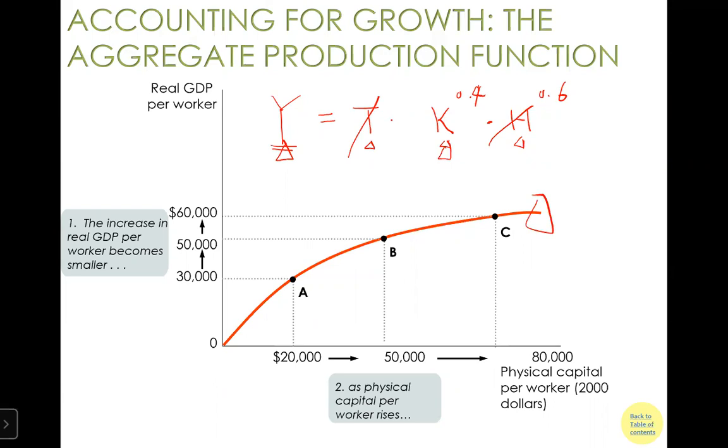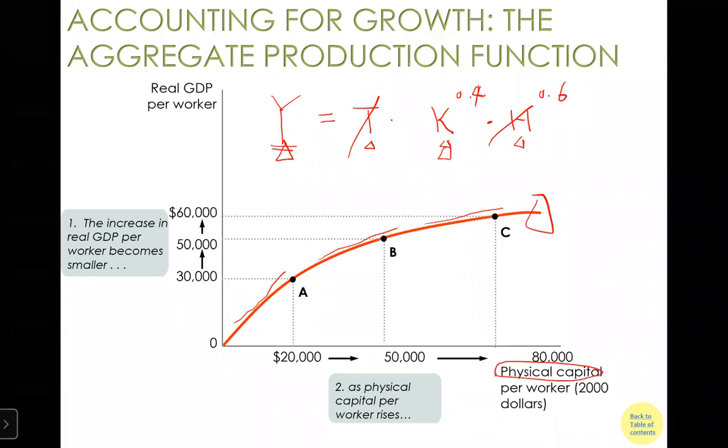What does concave mean? It essentially means the curve flattens out, in the sense that the slope of the curve decreases as you increase physical capital.